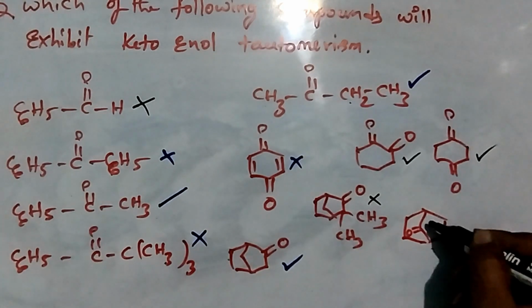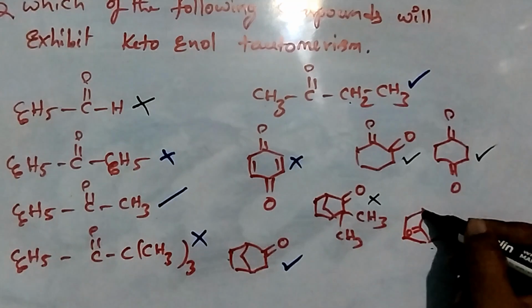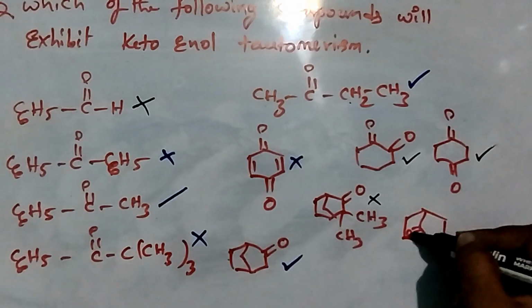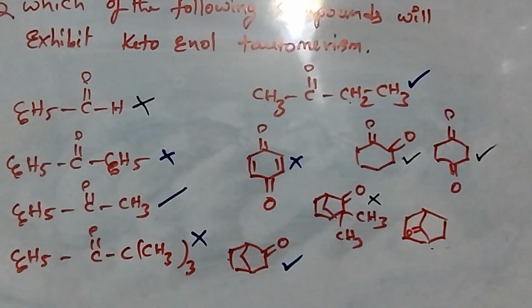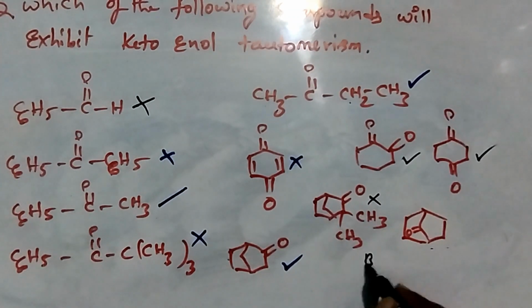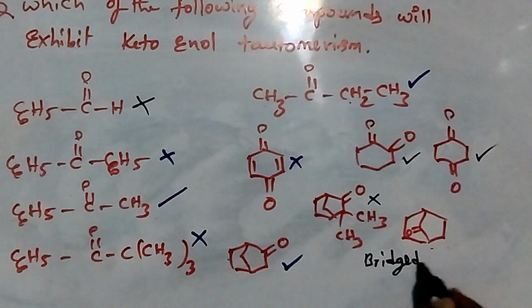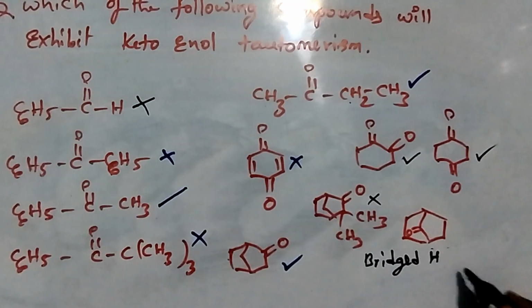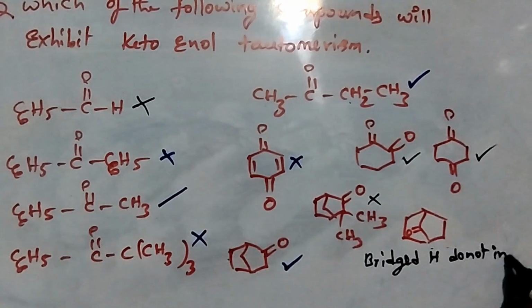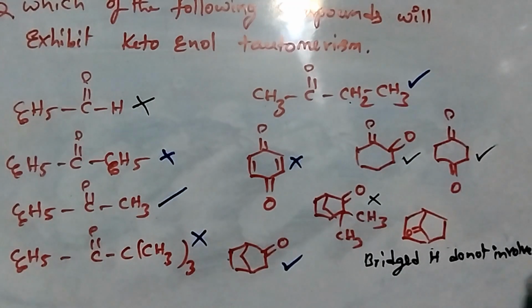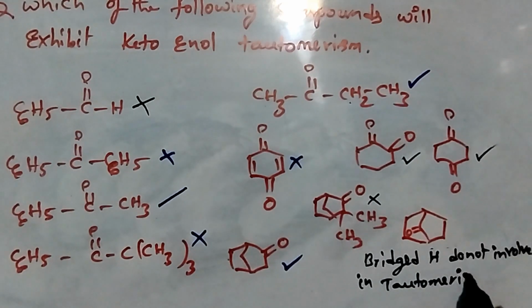Okay, see then, this is an unbridged CO is there, here alpha, this is alpha, but here the condition we have to write: bridged hydrogens do not involve in tautomerism.